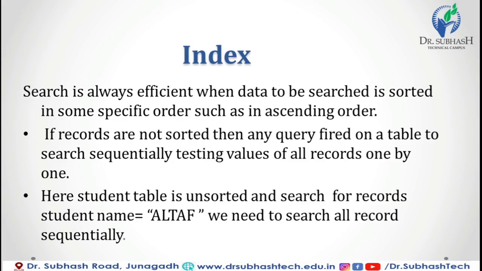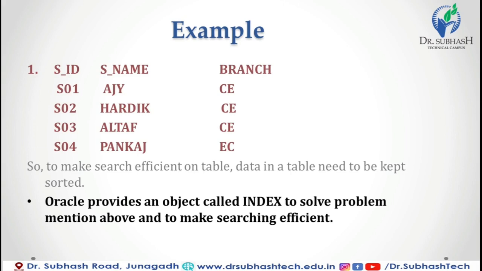For that, I will take one example. Here is a student table with unsorted data, and I want to search for the name Altaf. In this example, there are student ID, student name and branch.